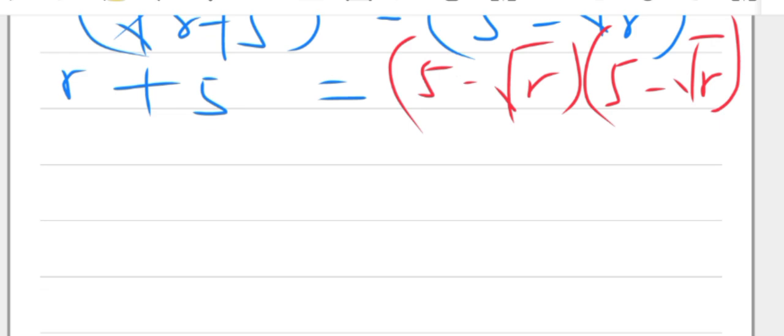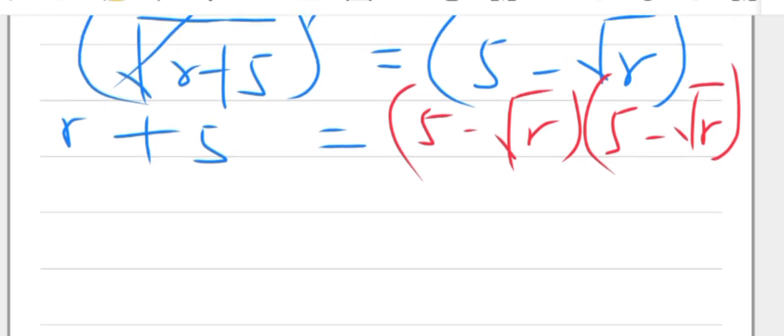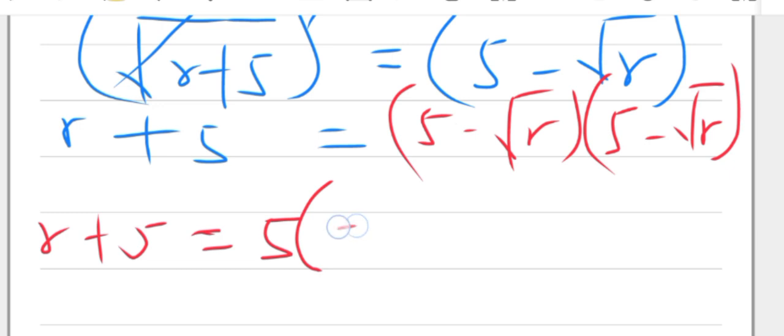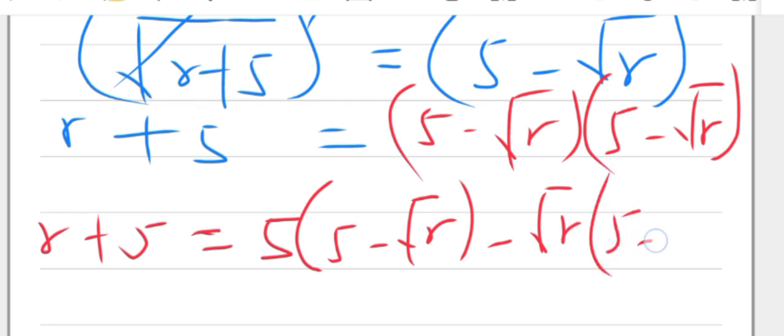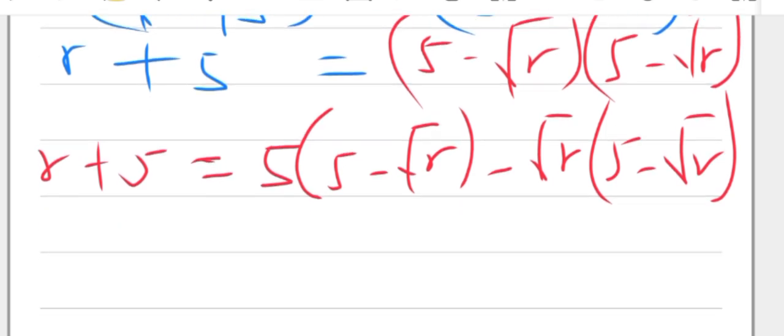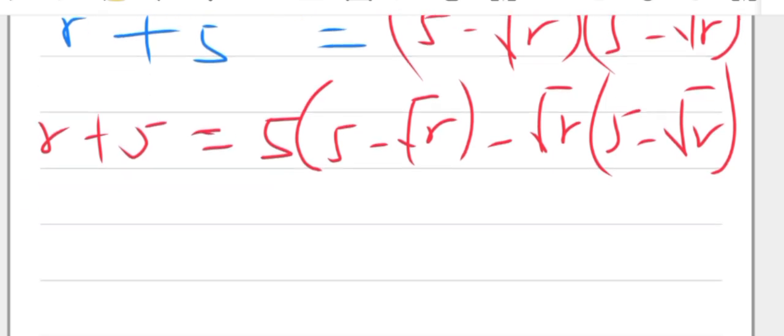Good. To continue, remember we have not done anything to the left hand side, so let it be maintained. On the right hand side, you can use FOIL or the spread. Using the spread, we have 5 multiplying 5 minus root r, then negative root r multiplying 5 minus root r. The left hand side is still r plus 5.